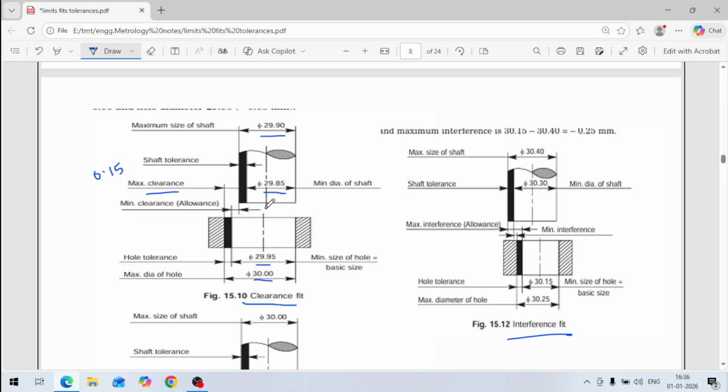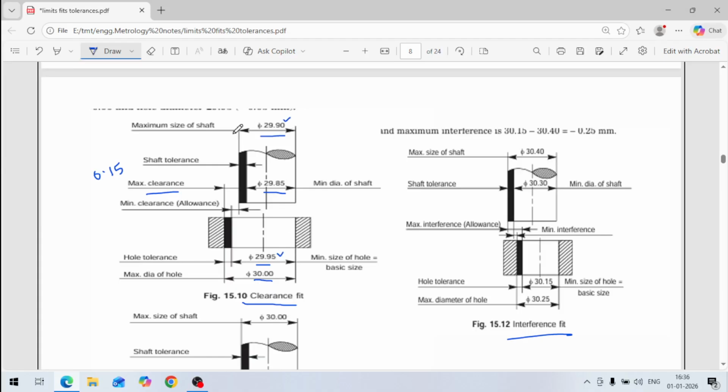Now, how much is the minimum clearance? Minimum clearance will be the minimum size of the hole and the maximum size of the shaft, the difference between these two. Here the minimum size of the hole is 29.95 and the maximum size of the shaft is 29.9.